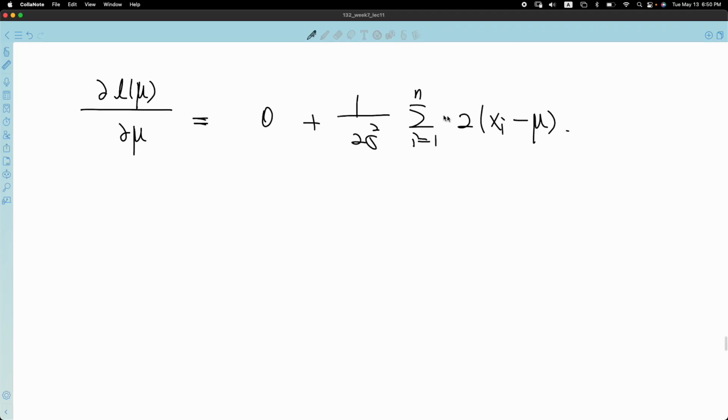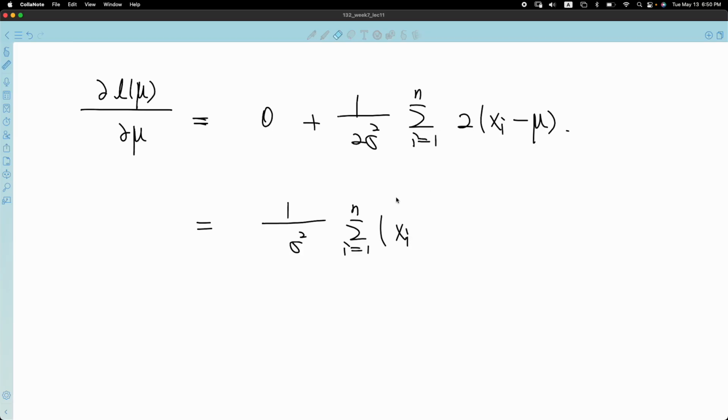Let's further simplify this. You will have 1 over sigma squared, so the 2 cancels out, times the summation from 1 to n of xi minus mu.